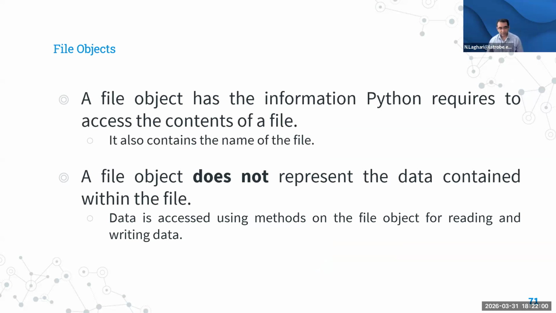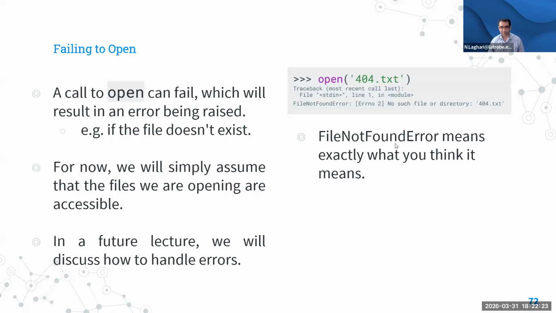As I mentioned, F does not have any data. It just has the information to access the file. It is a hook to the file. This object F is not the file itself, and it does not have the content of the file. To read the content, we will use some read statements.